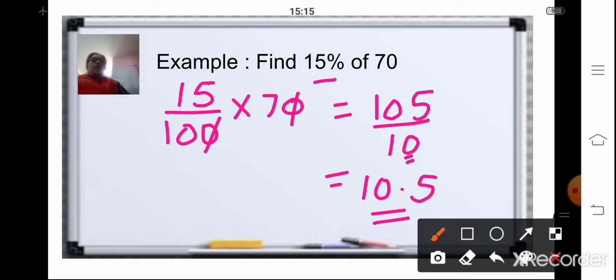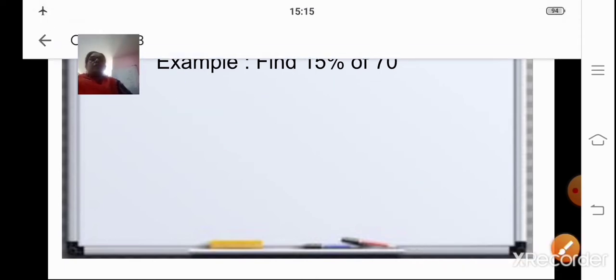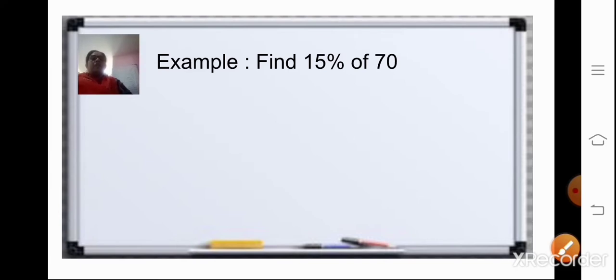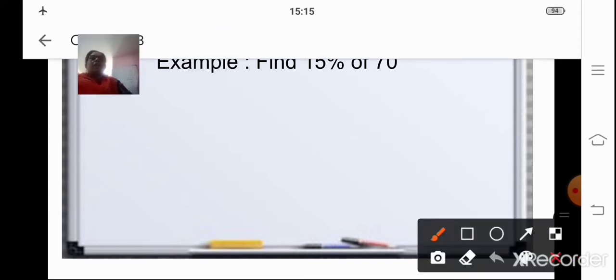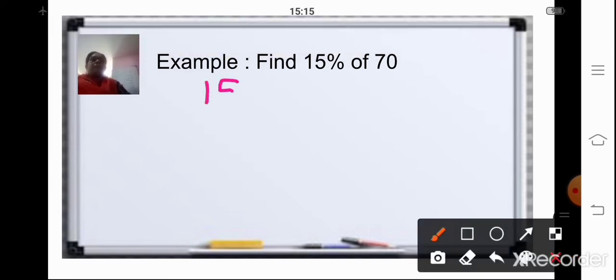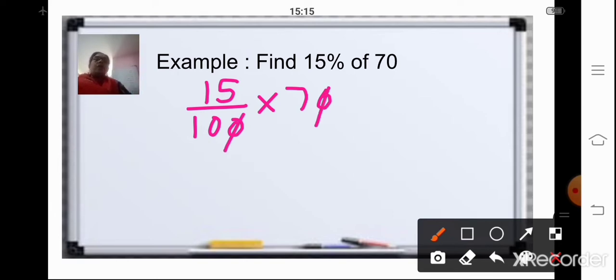Now you can also do this with one more method. First write the fraction, that is 15 upon 100 into 70. Cancel this 0. Now here 10 and 15 are divisible by 5, that is 5 2s are 10 and 5 3s are 15. Now just multiply this, 3 into 7, that is 21 upon 2.